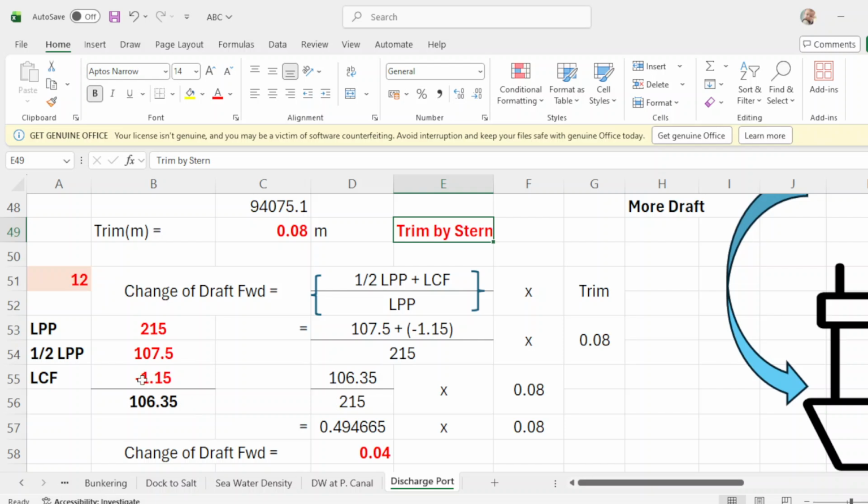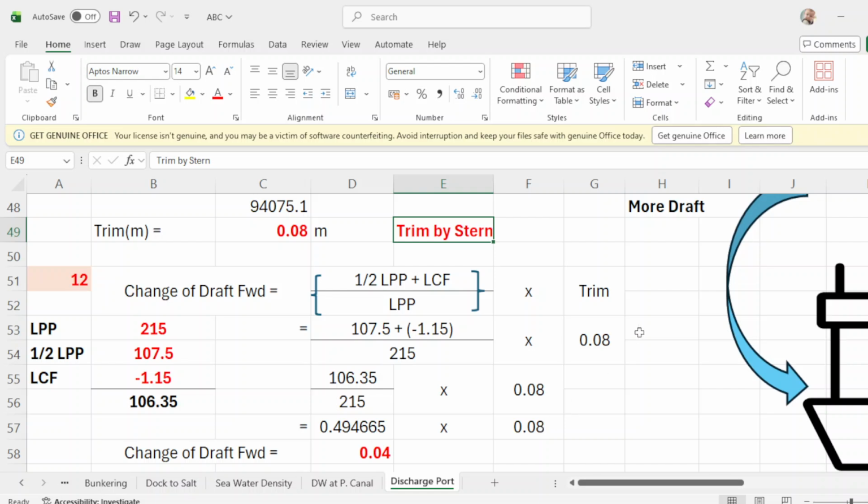So first you add this one, 107.5 plus negative 1.15, your LCF, that will be 106.35, over your LPP 215, times trim of 0.08. Divide this one, that will be 0.49465.